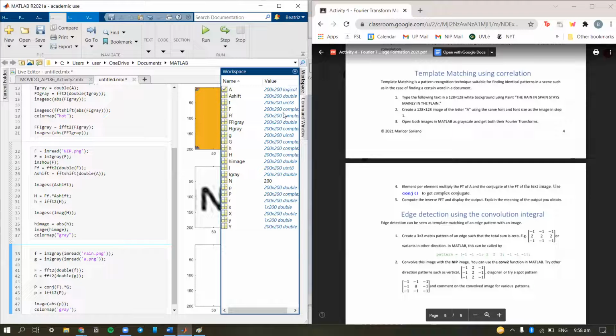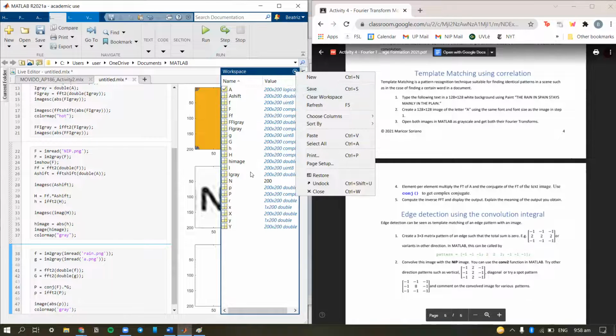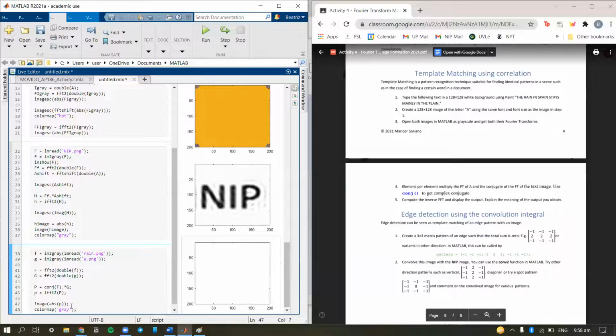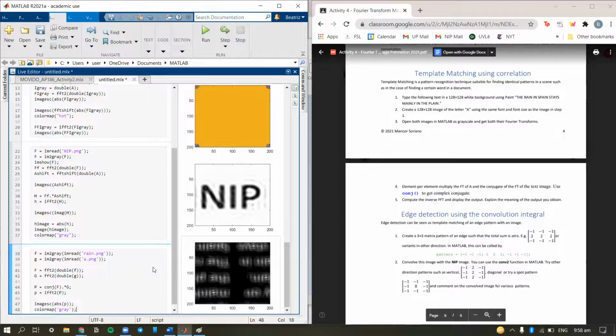Well, could you show me the image again? Maybe we need to image SC this. Could I ask you to put an image SC there? Yeah. And run the section again. There you are. Okay, it's just too elevated, I think.